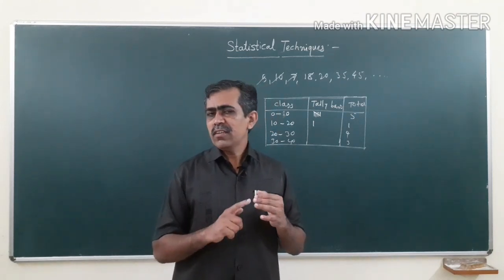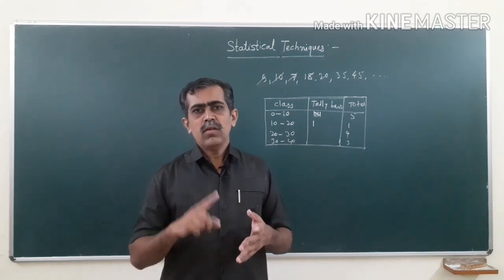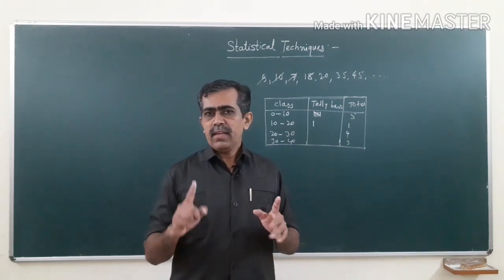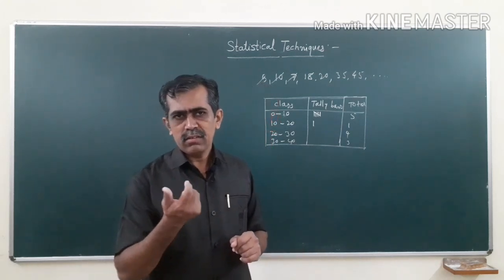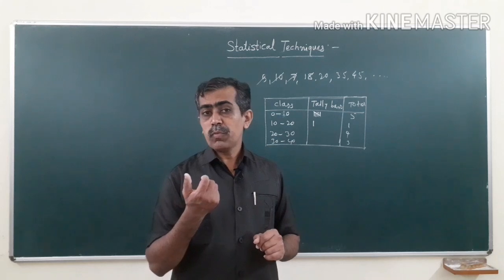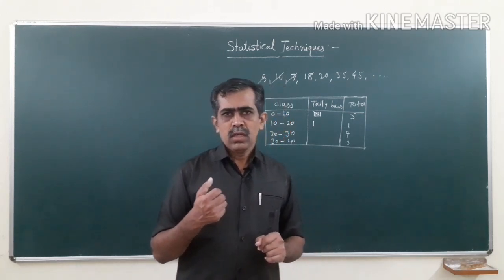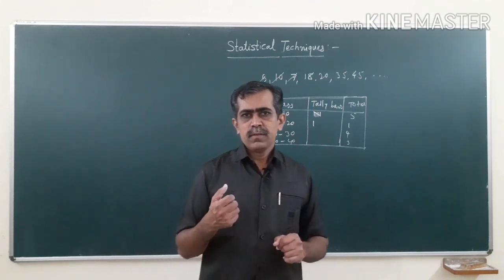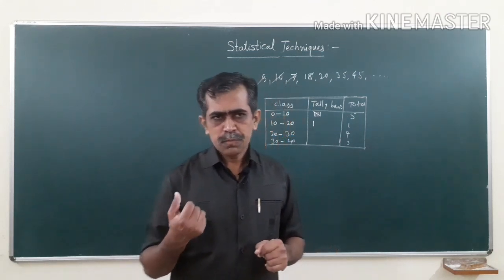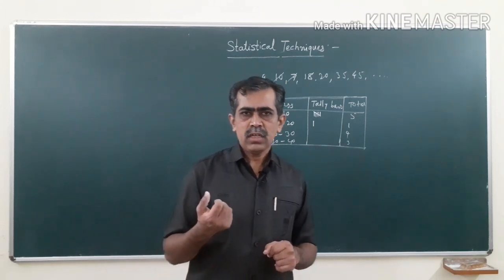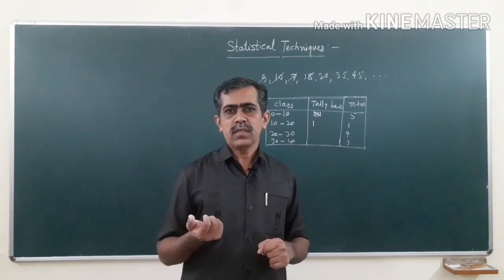So that is called mode. In Marathi it is called bahulak. So you have learnt arithmetic mean, median, mode in your school days only. Not only that, you have studied the next subunit, measures of dispersion. In measures of dispersion, you have to study quartiles, range, then quartile deviation, then mean deviation and standard deviation.